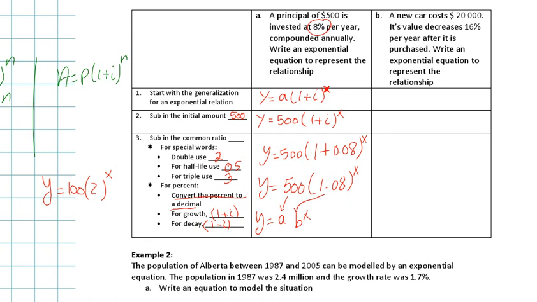My equation is y equals 500 times 1.08 to the power of x. So plug in 10 for x, because x represents the number of years. Then you do your math properly, because you have to do 1.08 to the power of 10, and then times 500.